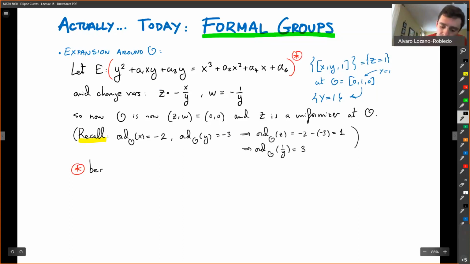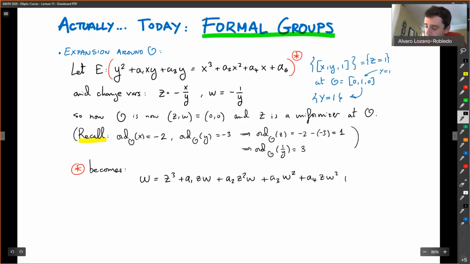So now this equation becomes, in the new variables, if you do the change of variables, what I get is the following: W equals Z cubed plus A1 ZW plus A2 Z squared W plus A3 W squared plus A4 ZW squared plus A6 W cubed, if I got it right.